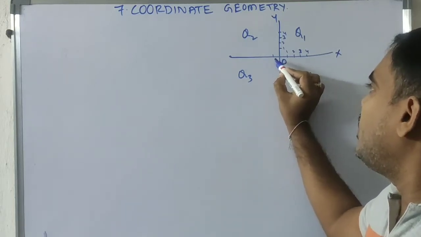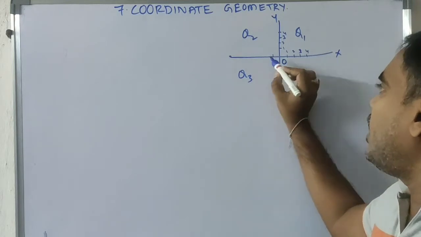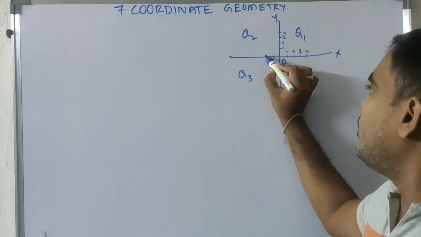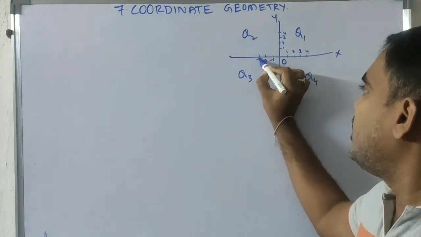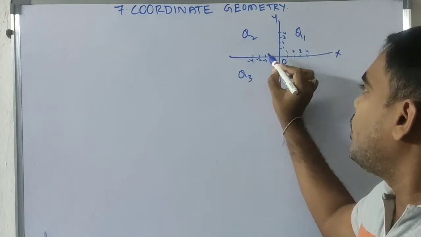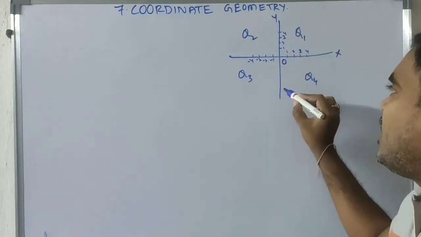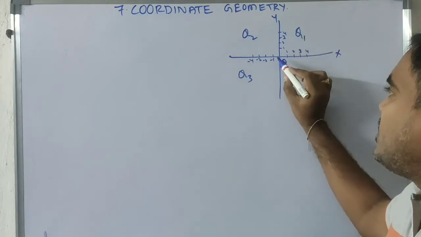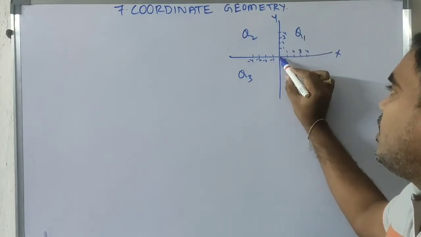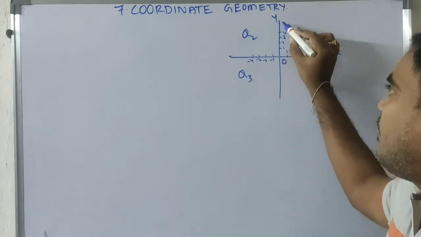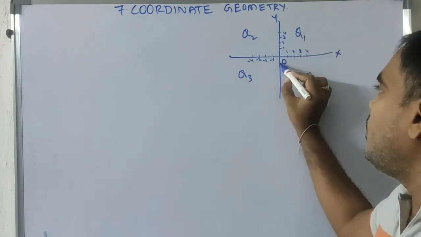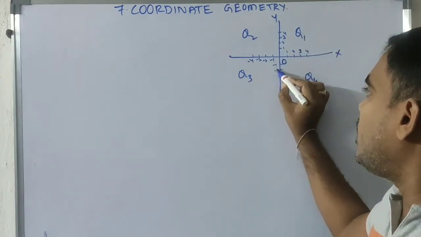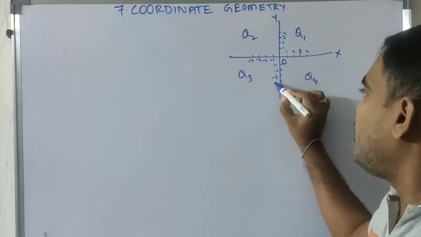Left side of the origin on the x-axis is negative: -1, -2, -3, -4. This is the y-axis. The y-axis and x-axis intersect at origin. On the y-axis, above the origin is positive, below the origin is negative, -4.